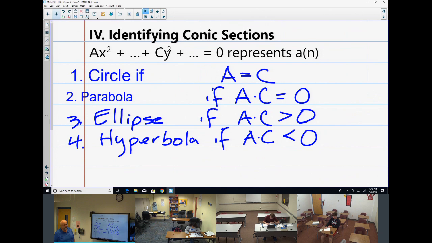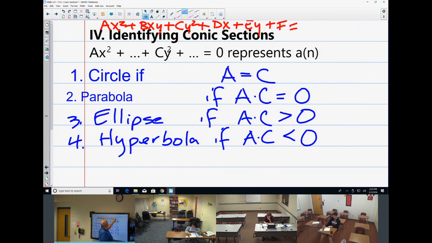All right, so this is when the equation's multiplied out, then it's actually of the form, I guess I should write out the whole thing. So ax squared plus bxy plus cy squared plus dx plus ey plus f equals 0. Okay, so that's a lot.